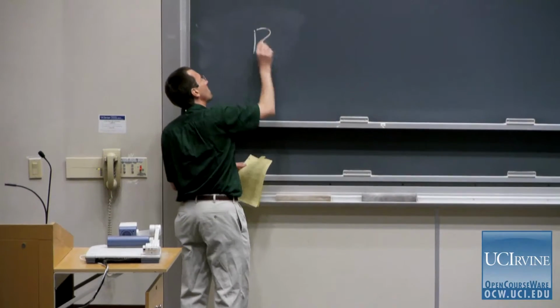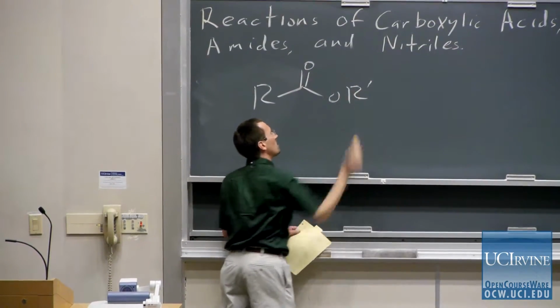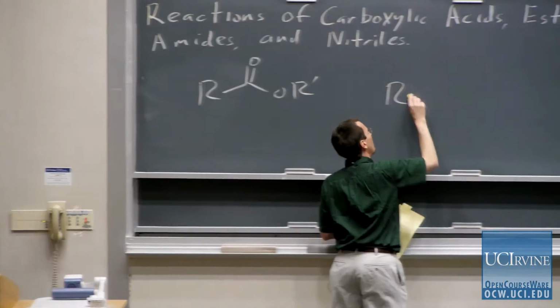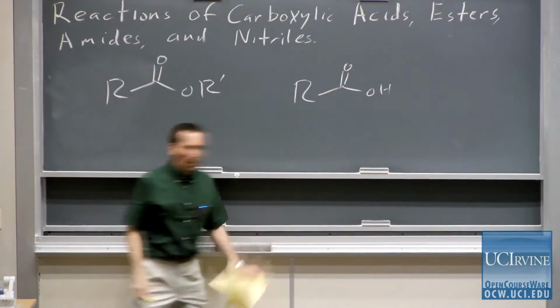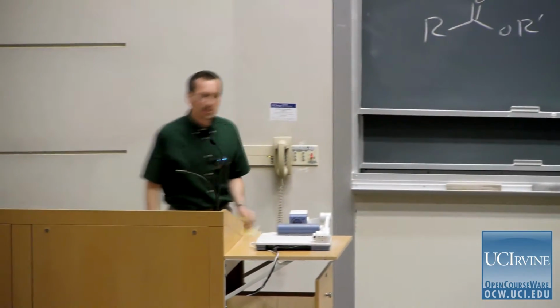So if I wanted to make some generalization, here's a generic ester structure. Here's a generic carboxylic acid structure. And what I would say is, in general, these structures are less reactive.